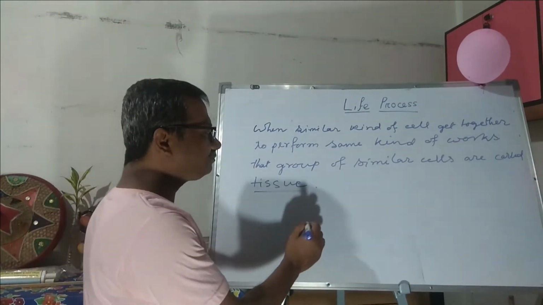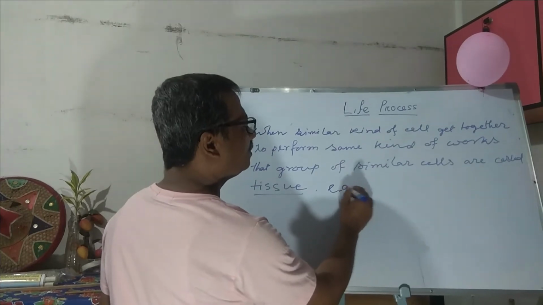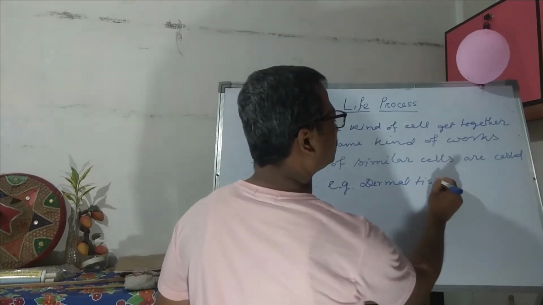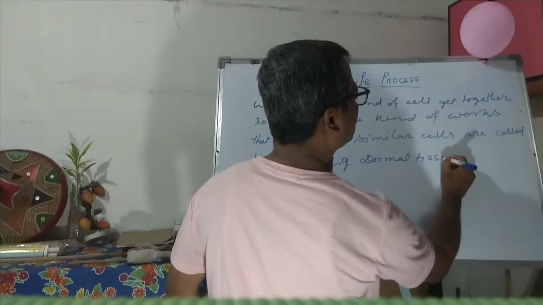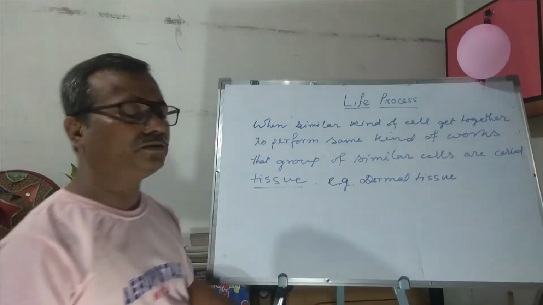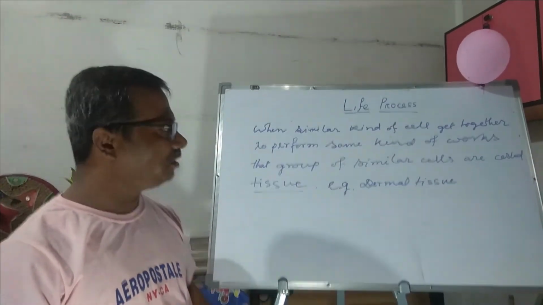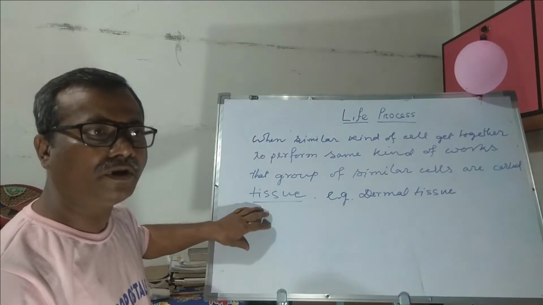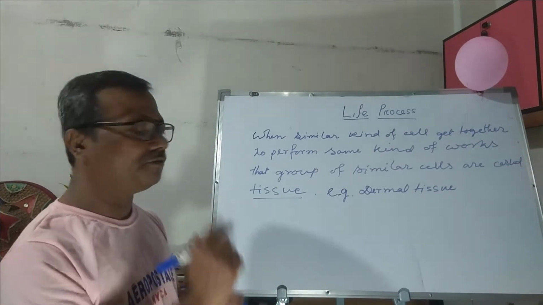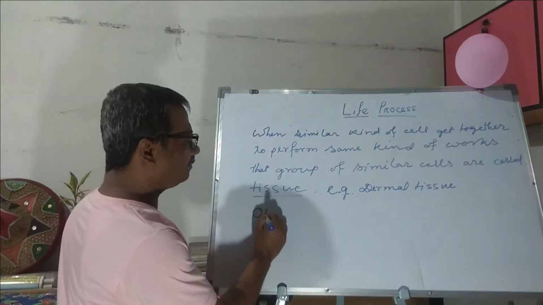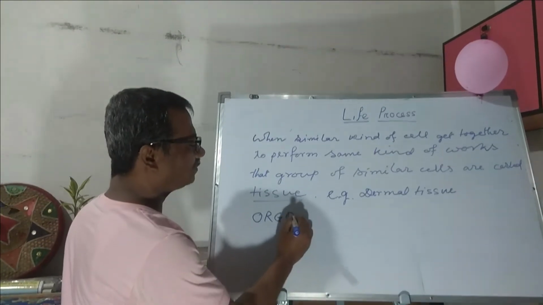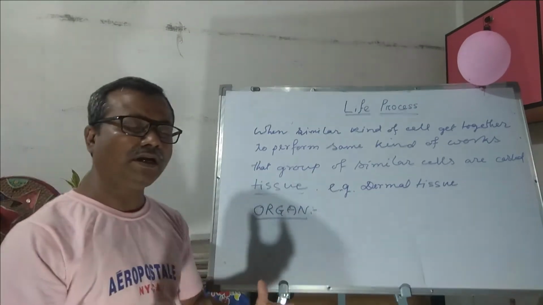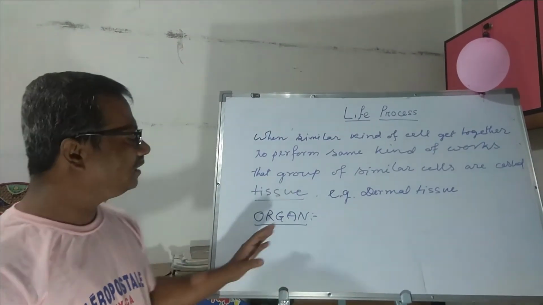For example, dermal tissue, muscular tissue, cardiac tissue, and so on. When a group of similar tissues get together to perform one kind of work, they are called an organ.